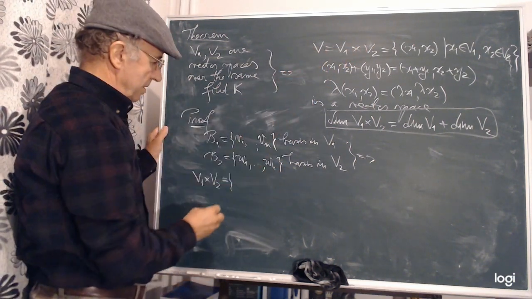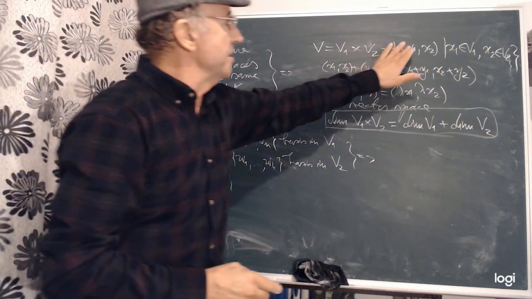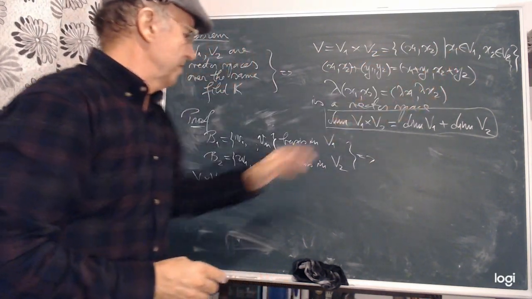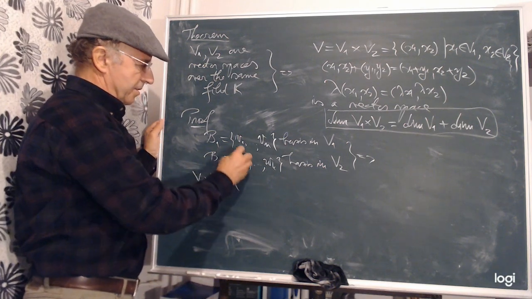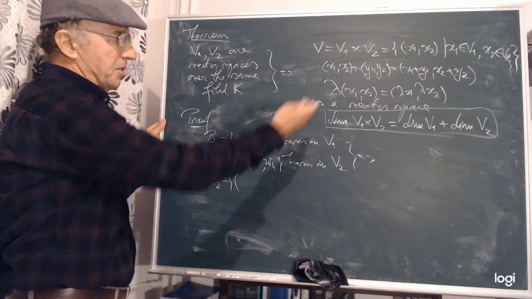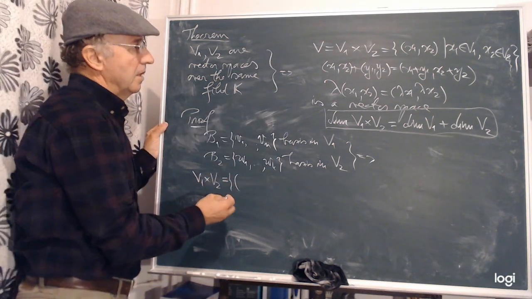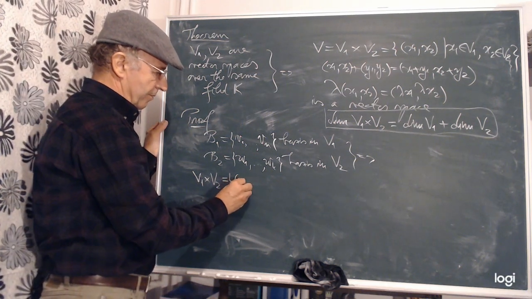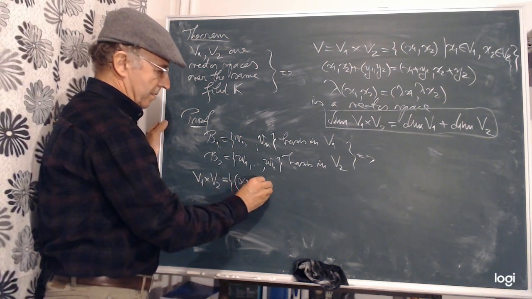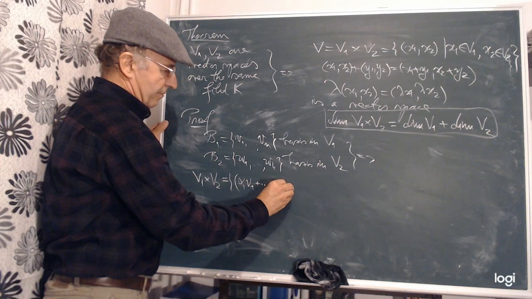Each vector here has a first component from V1, so it is a linear combination of these. An arbitrary vector from here has the form alpha 1 v1 plus up to alpha n vn.